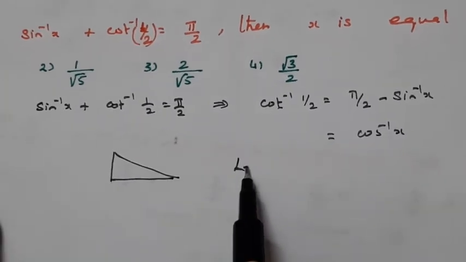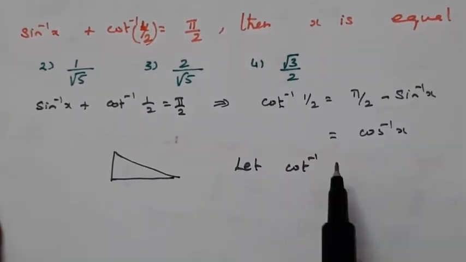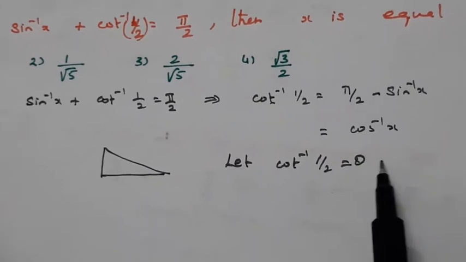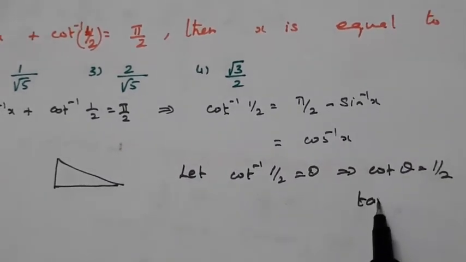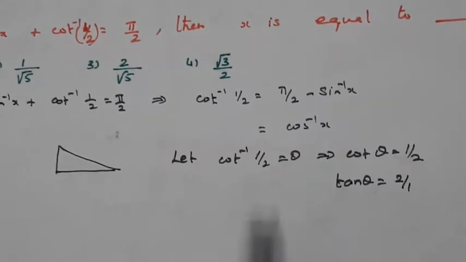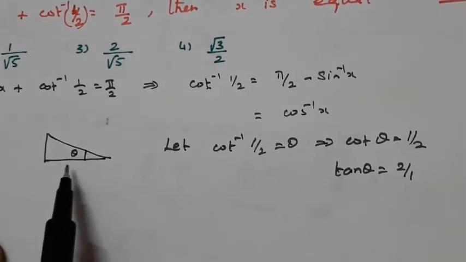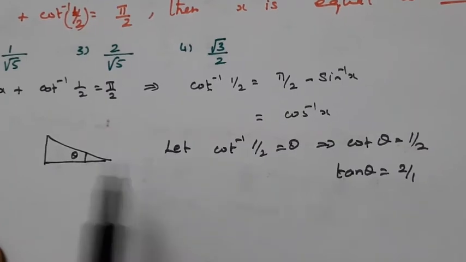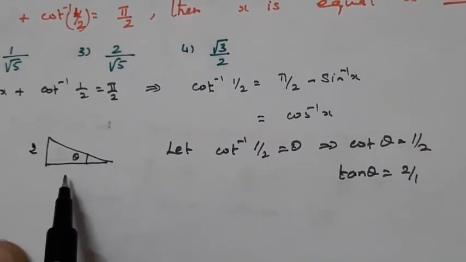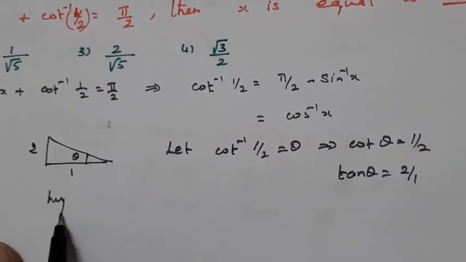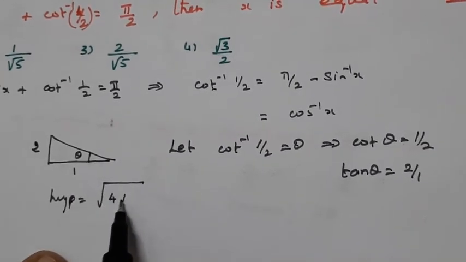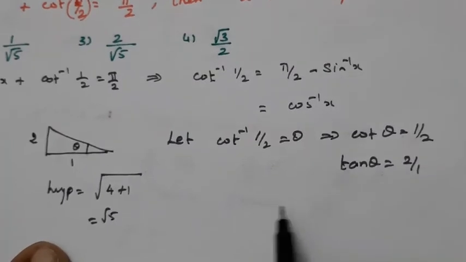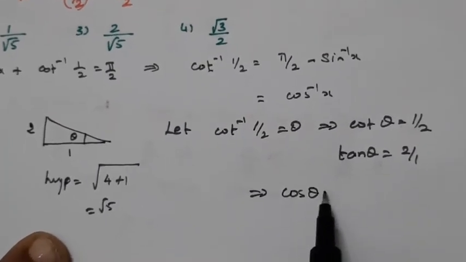Let us take this cot inverse of 1 by 2 is equal to theta, which implies that cot theta is equal to 1 by 2 or tan theta is equal to 2 by 1. Okay, so by constructing the right triangle, tan theta is 2 by 1 means opposite side is 2 and adjacent side is 1. Therefore, what would be the hypotenuse? Hypotenuse is equal to root of 2 squared plus 1 squared, that is 4 plus 1, root 5. Therefore, this implies that what is the value of cos theta?